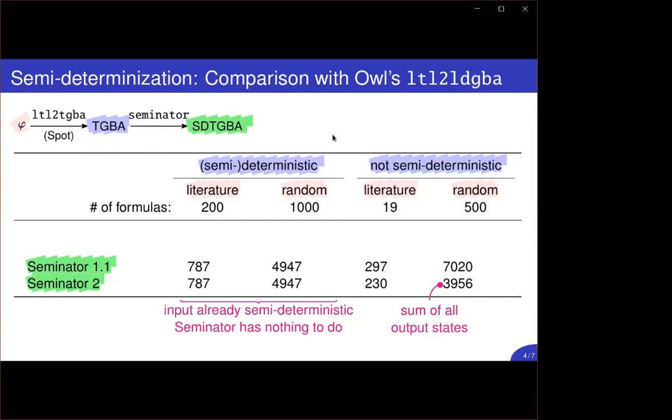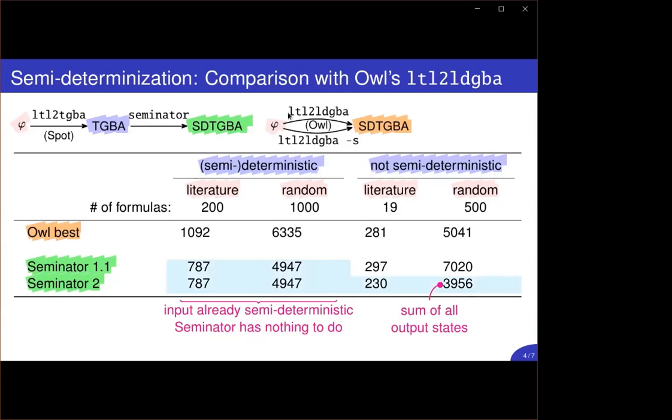To integrate Owl, we use the LTL2LDGBA tool, but this tool has two different configurations, symmetric and asymmetric. And because we are nice guys, we have decided to take the best of these two configurations for each formula. And we even decided to apply the simplifications of Spot, which are already performed inside Seminator 2, to try to improve the automata produced by LTL2LDGBA. So you get this table.